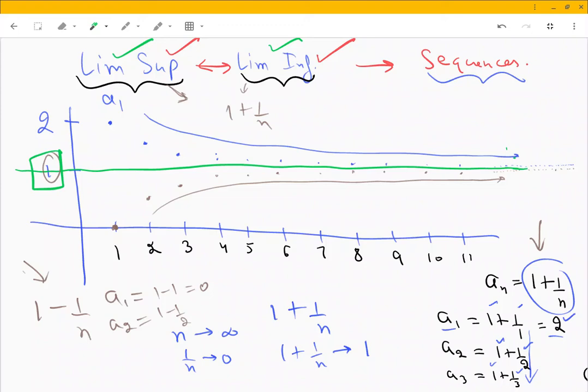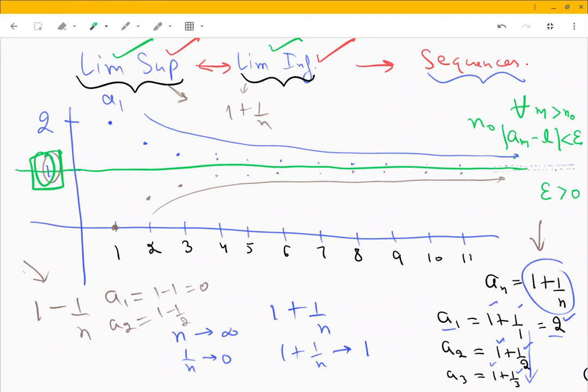The proper definition, you know, is that we get an n naught such that for all m greater than n naught, |a_m minus whatever this limit point is| is less than epsilon, for all epsilon greater than 0. In this case, it is 1. Otherwise, we call it L. Okay?